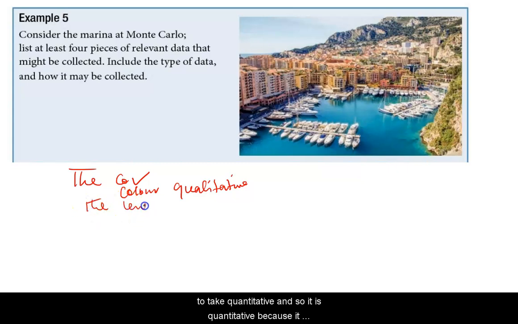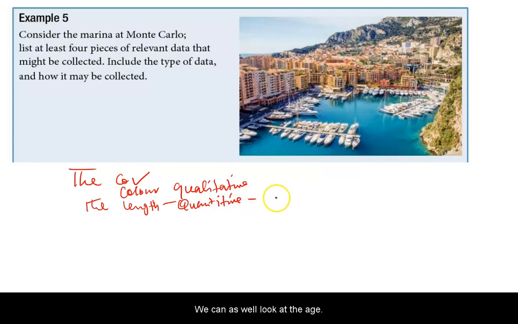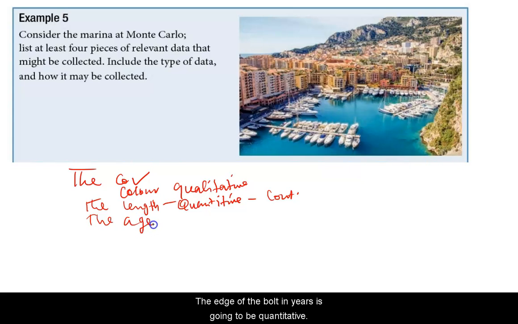The length is quantitative because it takes numerical values, and it is also continuous. We can as well look at the age. The age of the boat in years is going to be quantitative. We can even look at the name, and we can as well look at the value. So there are so many things that could be considered here, but these are just some of them.